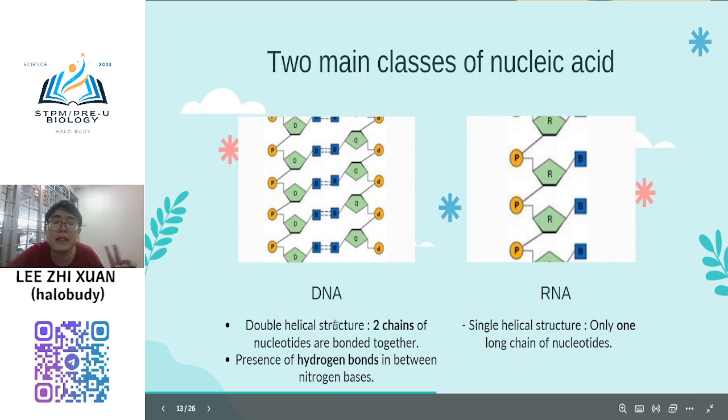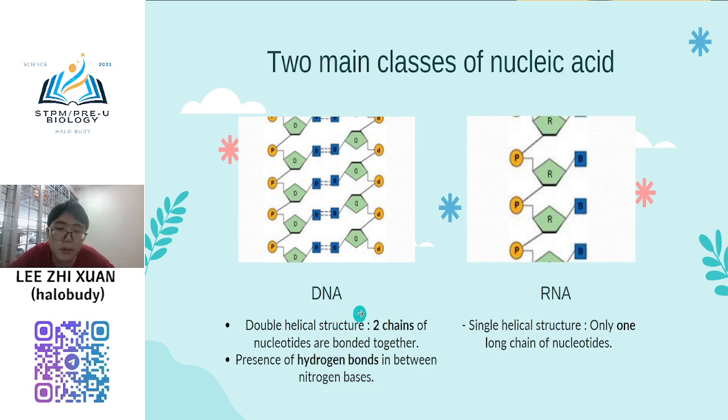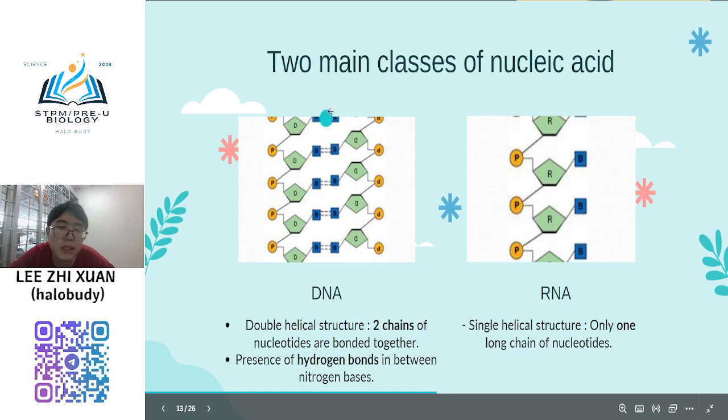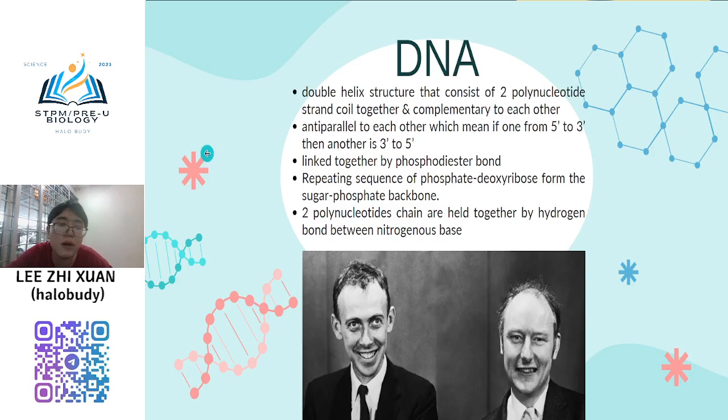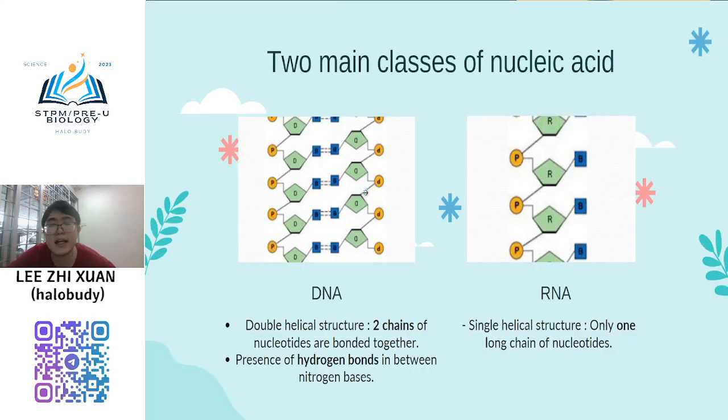There are hydrogen bonds between the nitrogenous bases here. But in RNA, there is only one polynucleotide chain. There are no two chains. And in nucleic acid, there are only either one or two chains. There are no three chains and no four chains. Two chains is DNA, one chain is RNA.